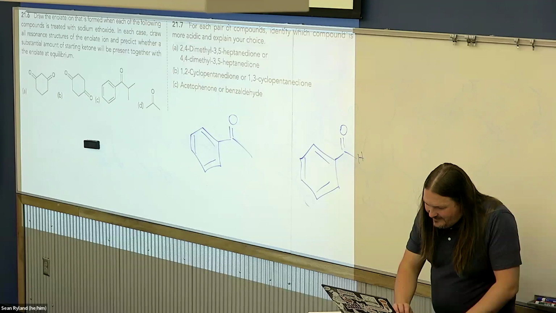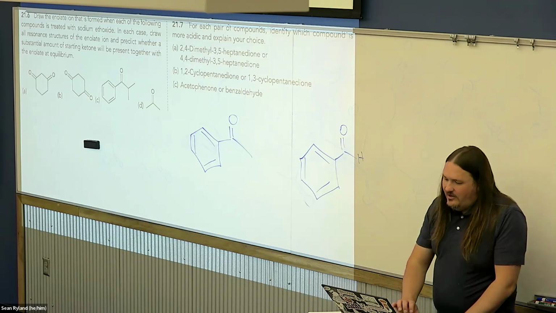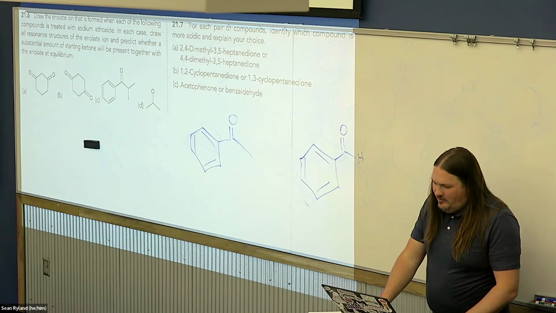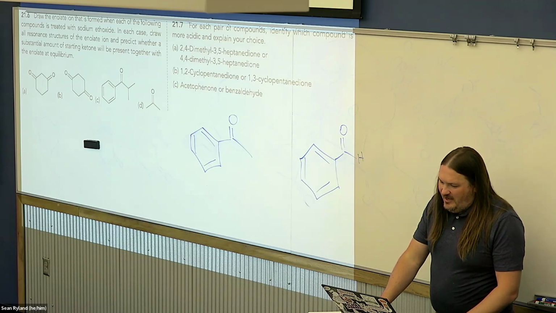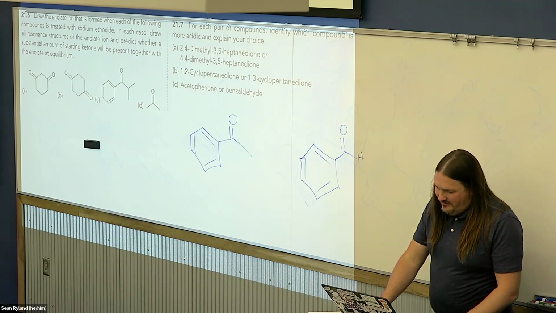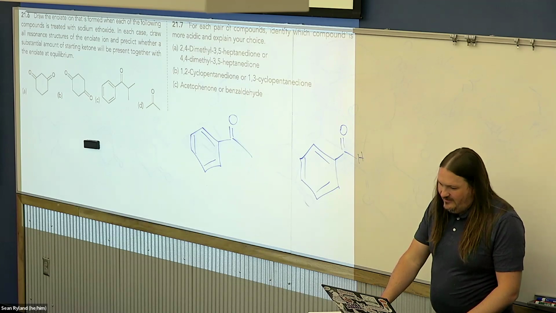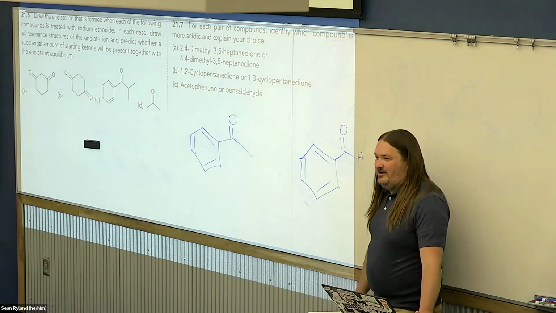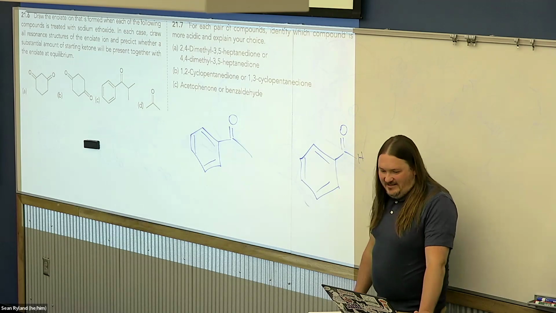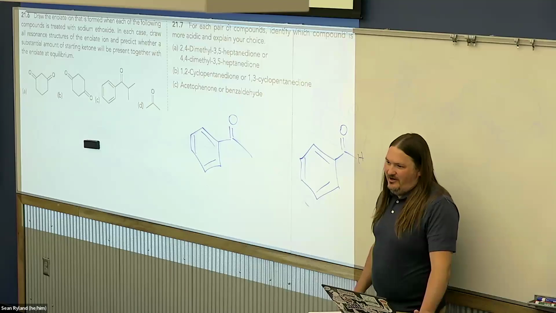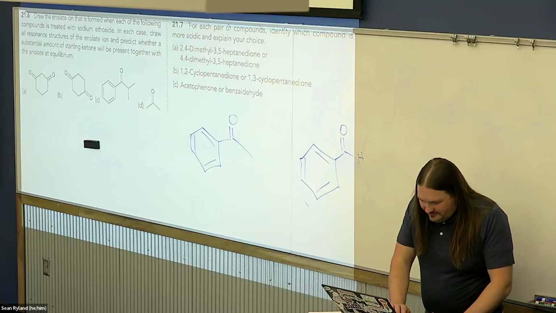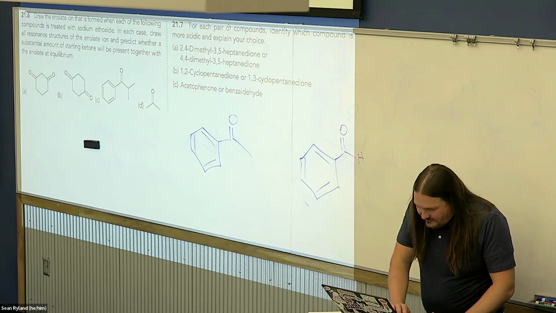If you look up the pKa of benzaldehyde, it gives you the pKa of the diol version, not of the aldehyde form. The pKa of the acetal form is 14.9, but the pKa of the aldehyde form is up in the 30s.